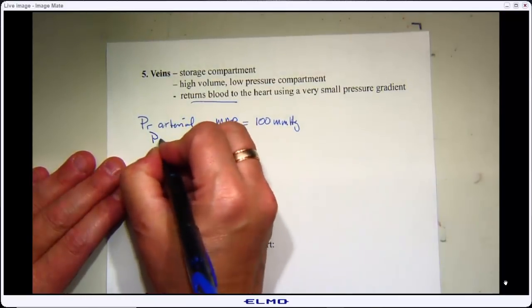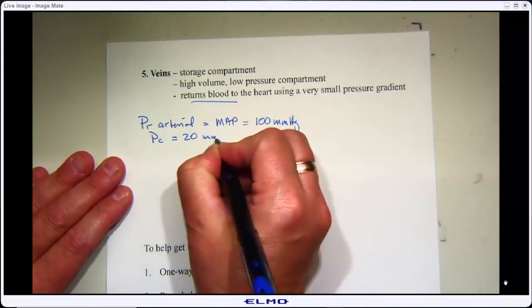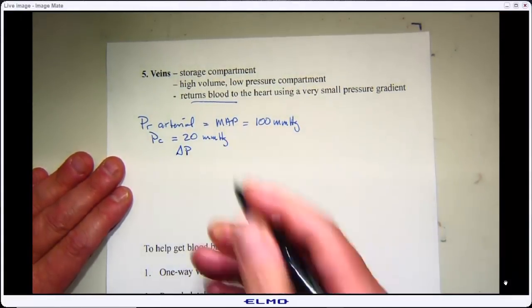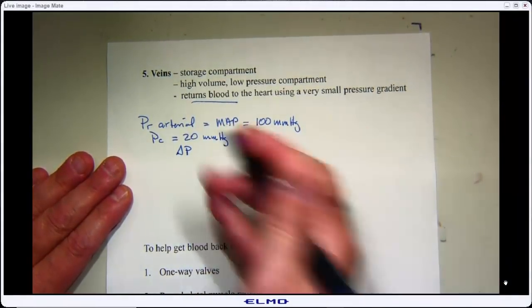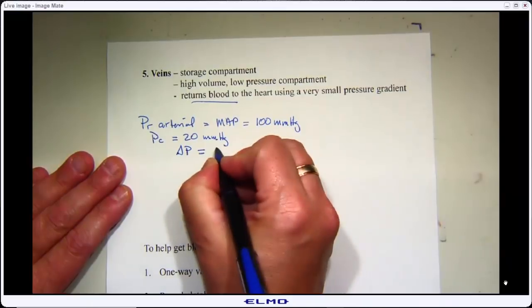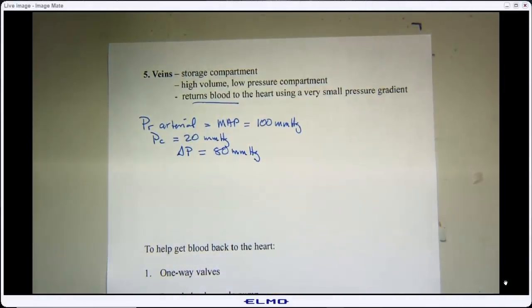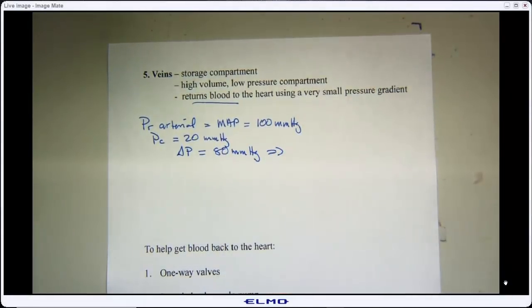We talked about pressure in the capillary being approximately 20 millimeters of mercury. Right, so our delta P for flow, or our drive for flow in terms of tissue delivery, is the difference between the two. Okay, so the 80 millimeters of mercury is what we're using to deliver blood from the heart to the tissues.